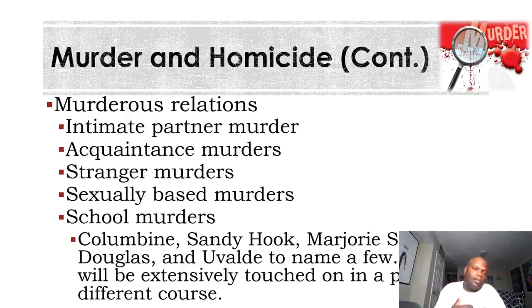Maybe they're somebody they work with, etc. Stranger murders, that's just a completely random act of murder. The most notable one happened right here in Georgia. Jose Ibarra took out and killed Laken Riley, a student at the University of Georgia, randomly.